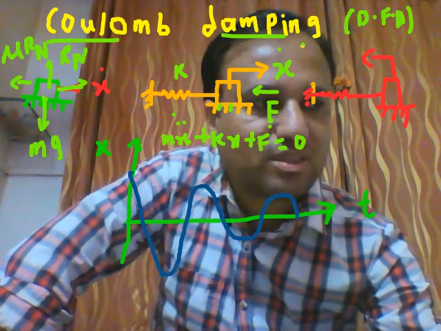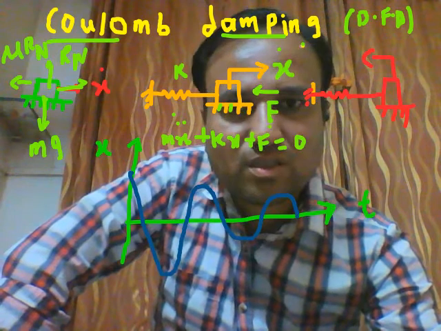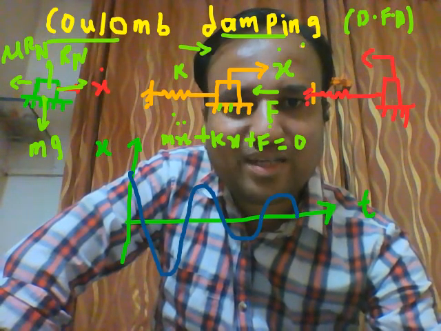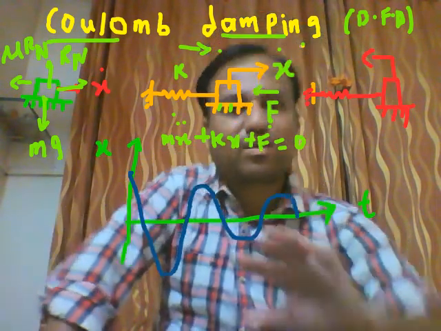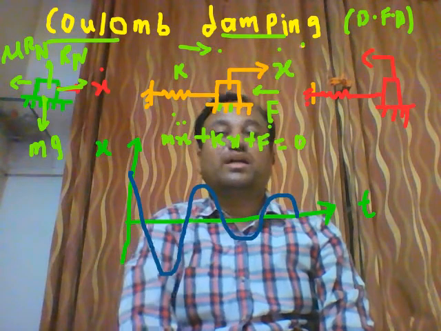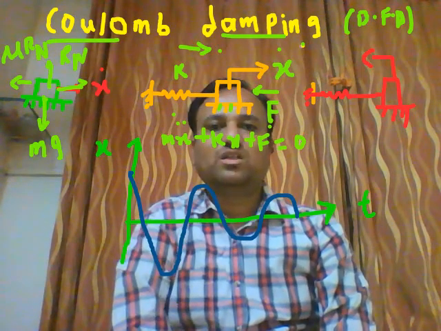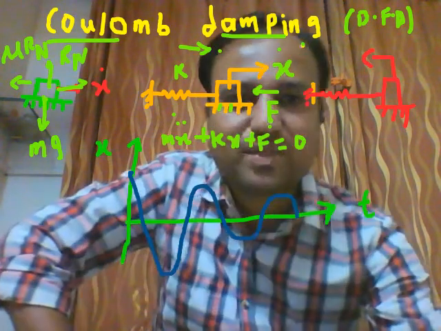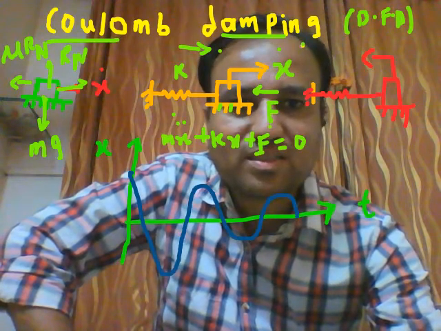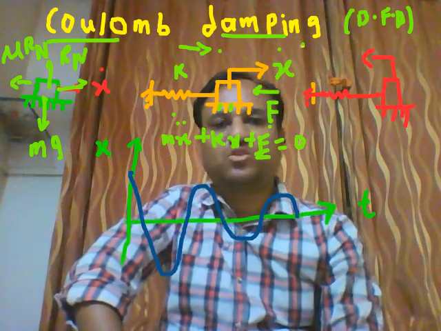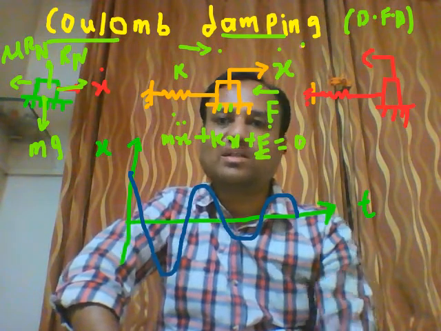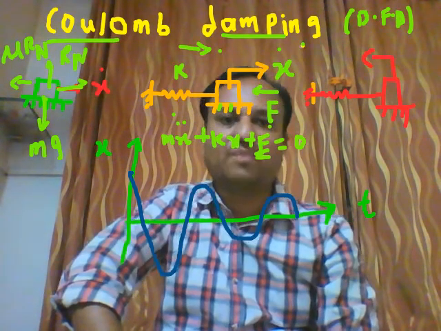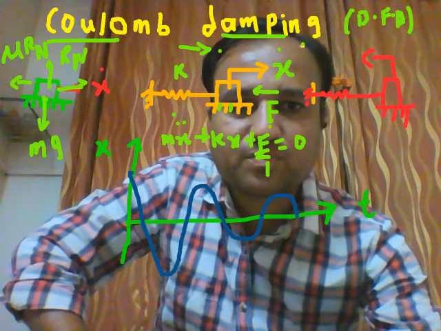Now the spring force, student, that is kx, along with the inertia force, that is mx double dot. Now student, this F is called the damping force. So the damping force due to Coulomb damping, you can say F is the damping force.